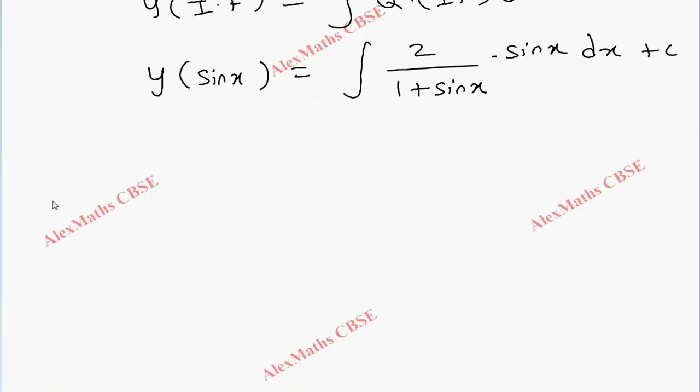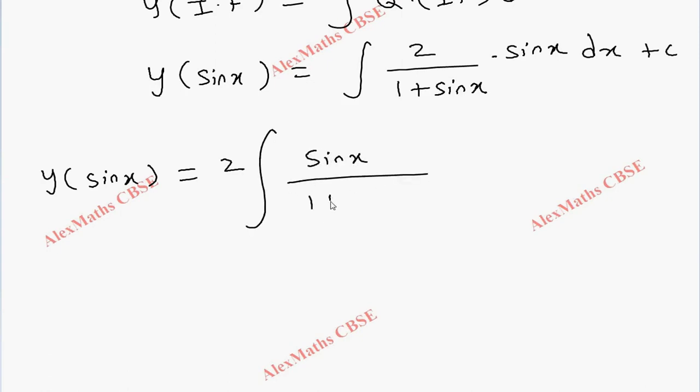Now left hand side is y into sin x. Right hand side we can take 2 out. The numerator is sin x and denominator is 1 plus sin x. We add 1 and subtract 1 with the numerator and we are going to group the terms taking these two together and minus 1 separately.